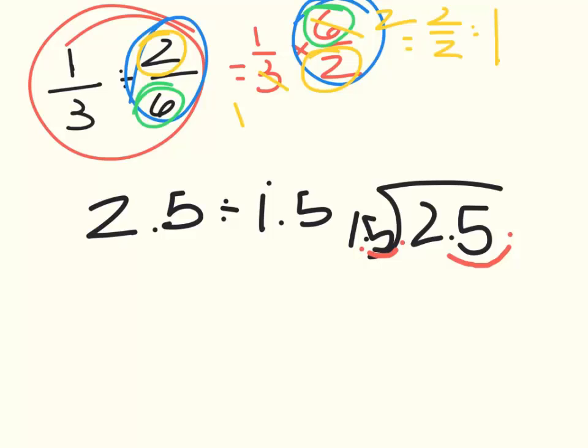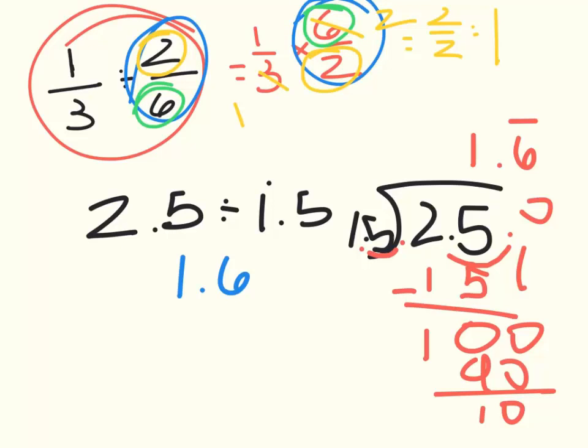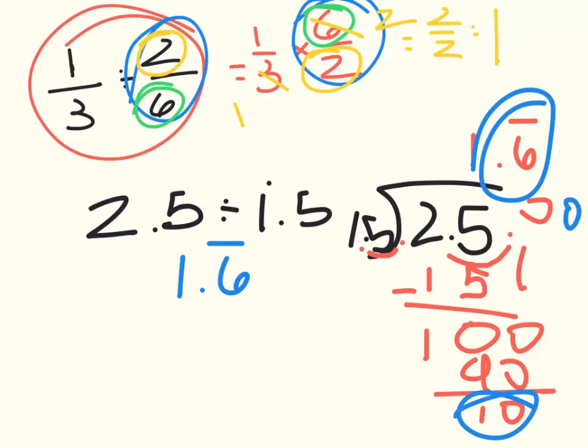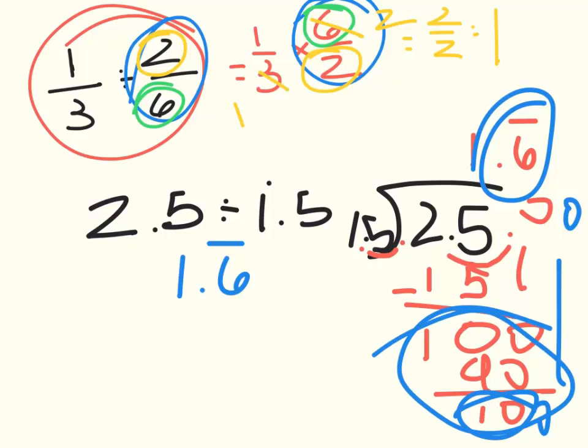Now all we have to do is divide. Since we already moved the decimals, now we're dividing 25 by 15. There you go. Now, let's not forget the repeat sign, for this will go on forever. Because we already had 10 here, drop another 0. It would just be doing the same thing over and over, what we did right here.